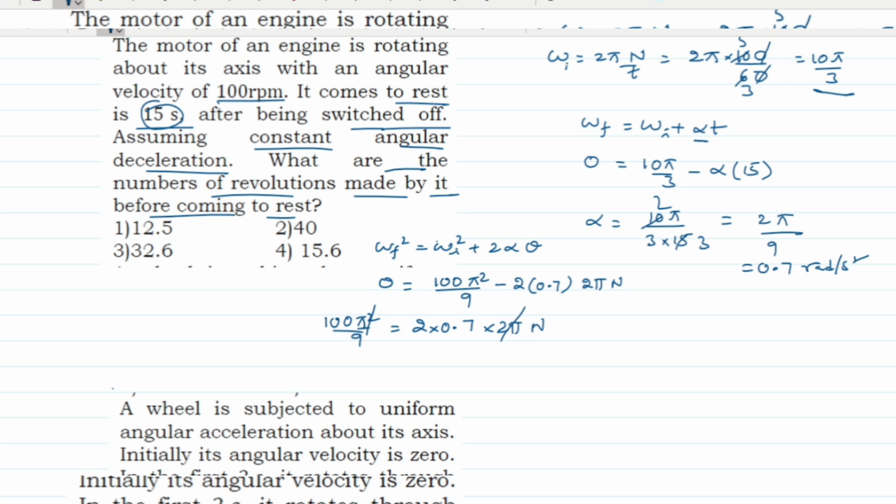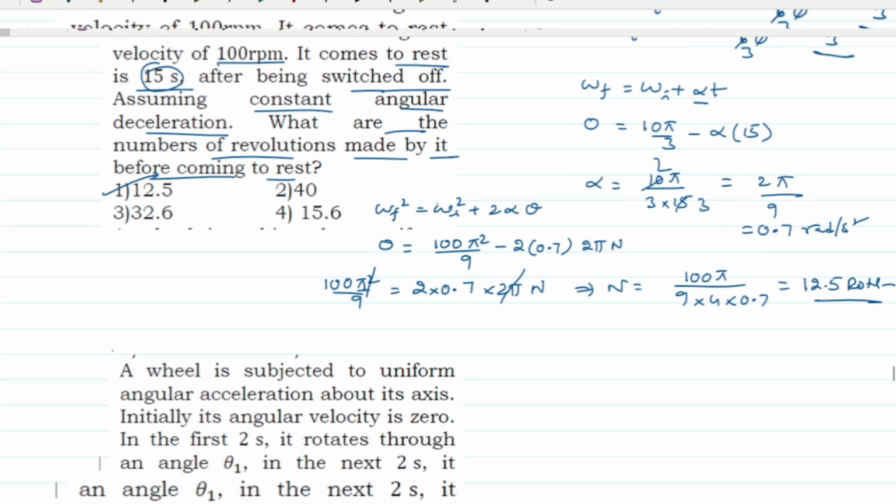So we get the n value as 100 into pi by 9 into 2 2s are 4 into 0.7. When you simplify this value, we get nearly 12.5 rotations, students. So 12.5 is the correct answer.